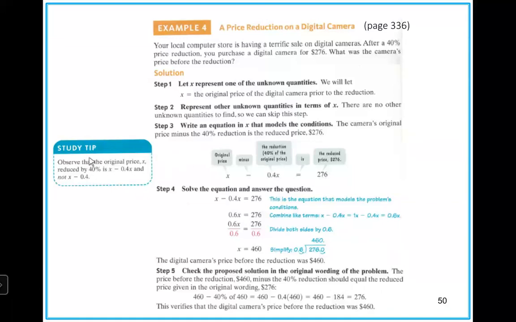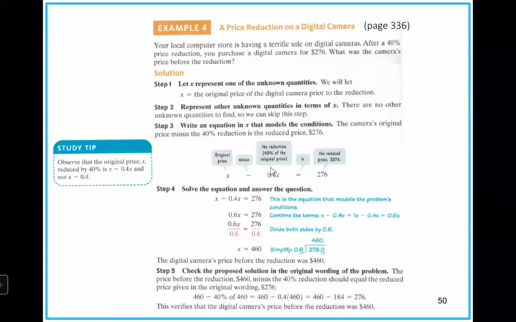Please note here, in this study tip, it says observe that the original price x is reduced by 40%, which is x minus 0.4x and not x minus 0.4. So there's a difference between these two. You're taking 40% out of the original price, not just 40.